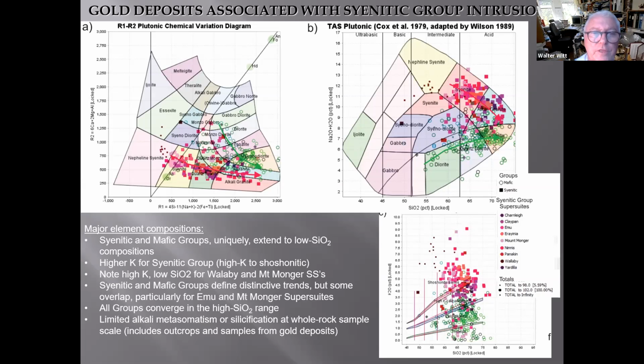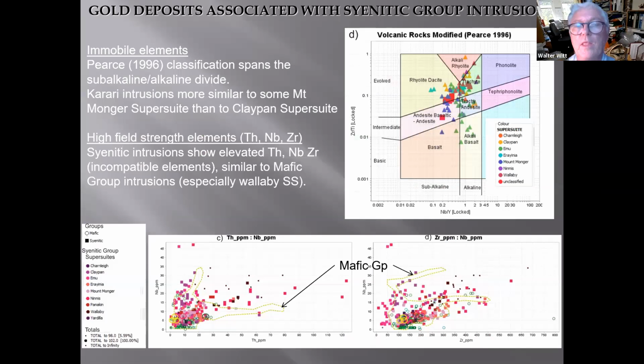Nevertheless, we should be interested in the immobile elements to confirm our classification of the syenitic group intrusions. And this Pearce plot, zirconium over titanium versus niobium over yttrium, shows that the syenitic group intrusions straddle the subalkaline to alkaline division, and also that the 4 red squares, which are taken from the Karari gold deposit, plot there with the Mount Munga supersuite.